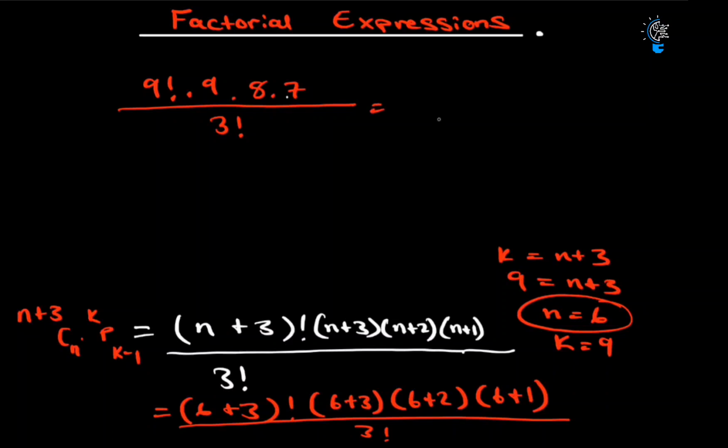We know that 3 factorial is equal to 6. 9 factorial is equal to 362,880. Now 9 times 8 is 72, and 72 times 7 will give us 504.